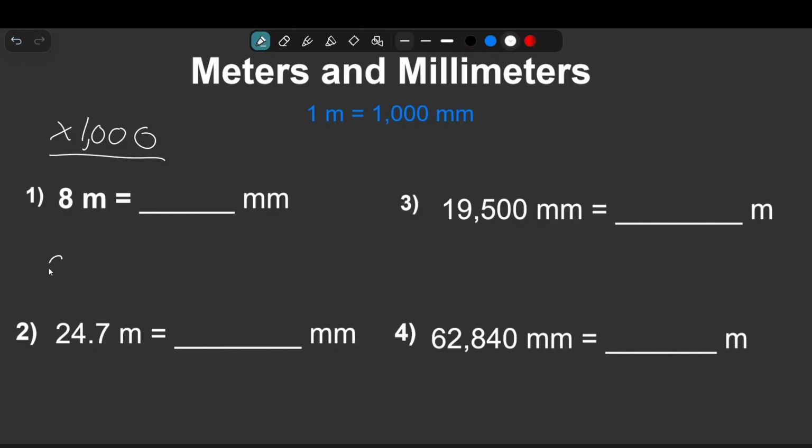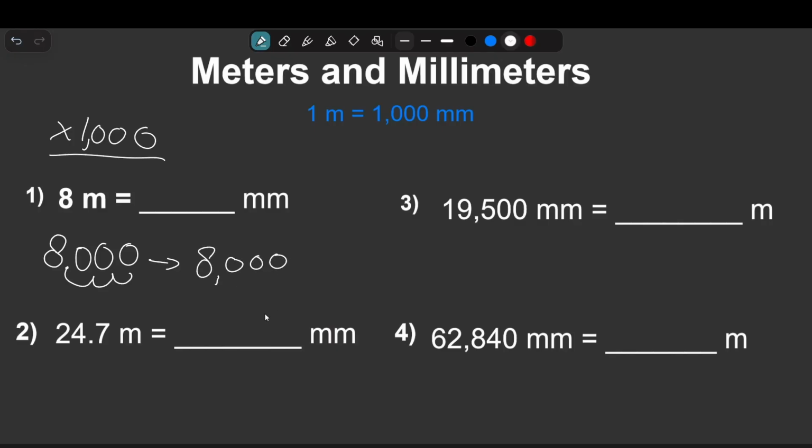To multiply 8 by 1000, we can just move the decimal to the right 3 times. Our decimal is right here, and we move it to the right 1, 2, and 3. We fill in the empty spots with zeros and rewrite it with the comma in the correct spot.